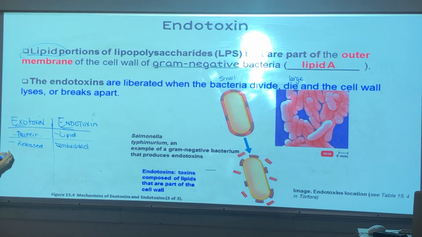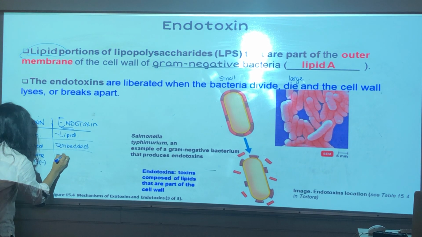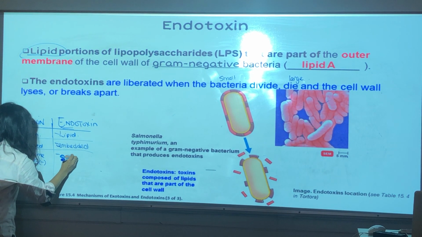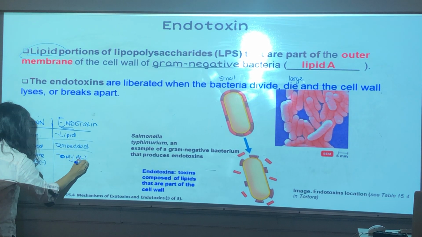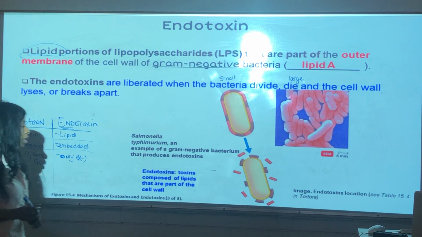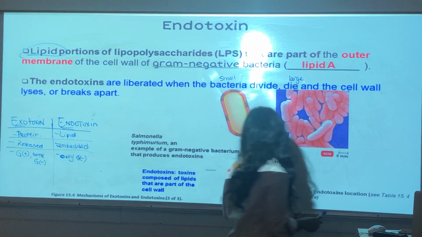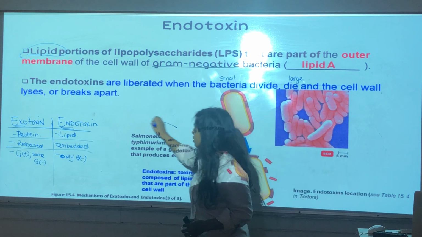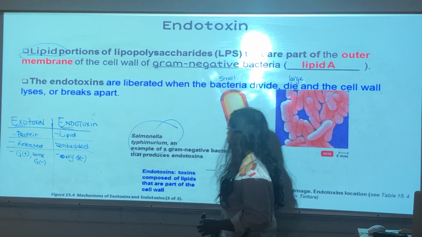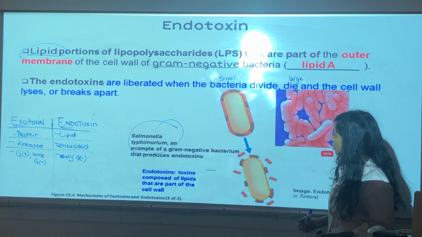For the exotoxins, we also want to add here that they're made by gram-positive bacteria mostly, but some gram-negative. For endotoxins, it's only gram-negative cells. Only gram-negative cells make endotoxins. They give you the example of Salmonella, a gram-negative organism.